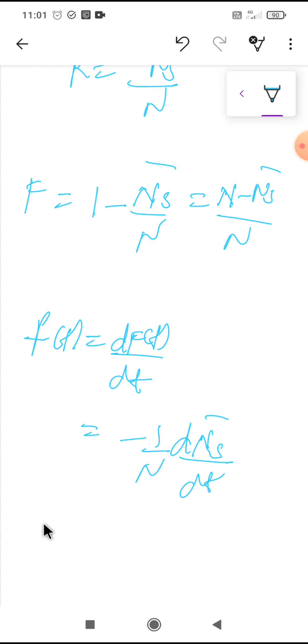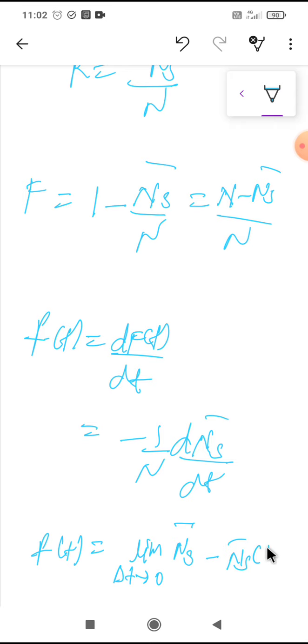So f of t, if we write it in limit form, we can write it as limit delta t tends to 0, ns bar of t minus ns bar of t plus delta t, upon n of delta t.